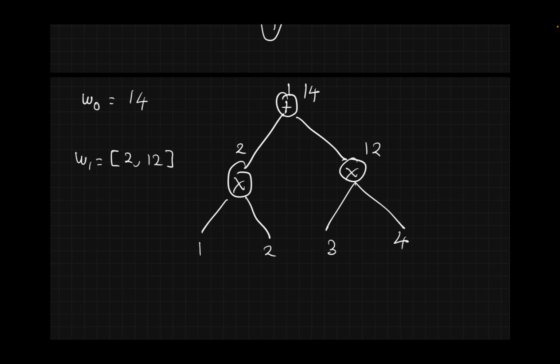What's the polynomial for this? 1 minus a times 2 plus 12a, right? Can you write the leader 0 and 1? So this is 2 plus 10a. So this is W1 of A.